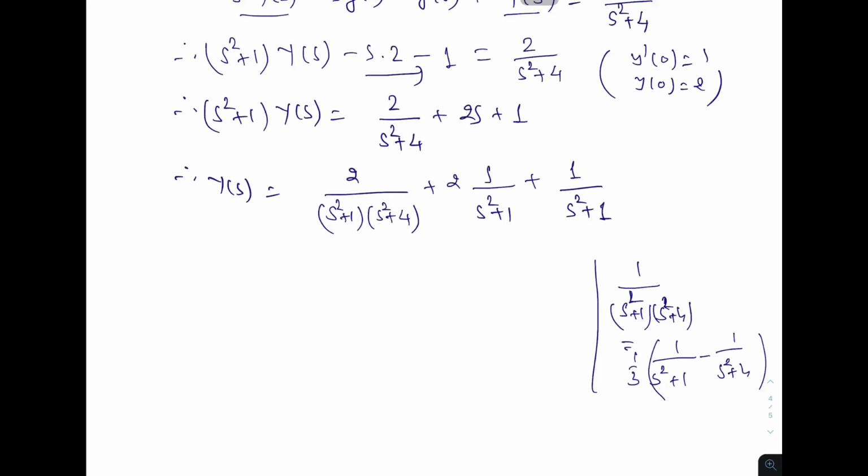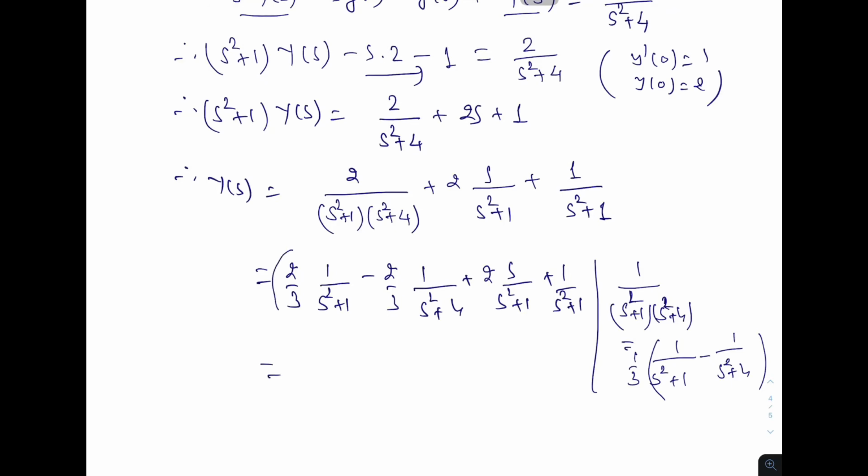So this is equal to 2 by 3 times 1 upon s square plus 1, minus 2 by 3 times 1 upon s square plus 4, plus 2s upon s square plus 1, plus 1 upon s square plus 1.